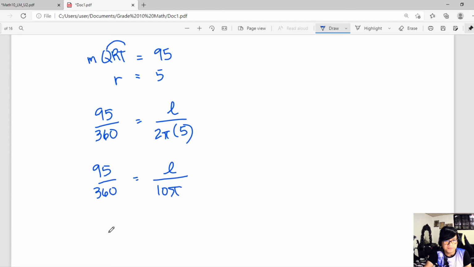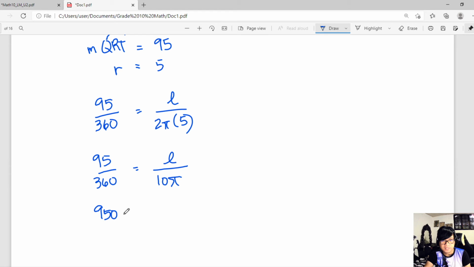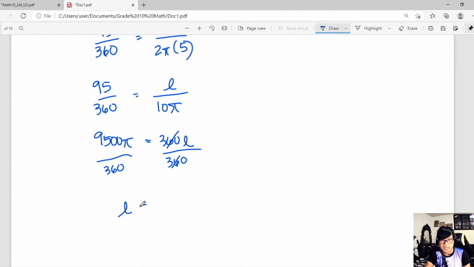So this one is 950 pi, sorry, it's 950 pi, equal to 360 times the arc length. Divide both sides by 360. I mistakenly dropped a zero; it should be 950, because otherwise the arc length would be far too large.